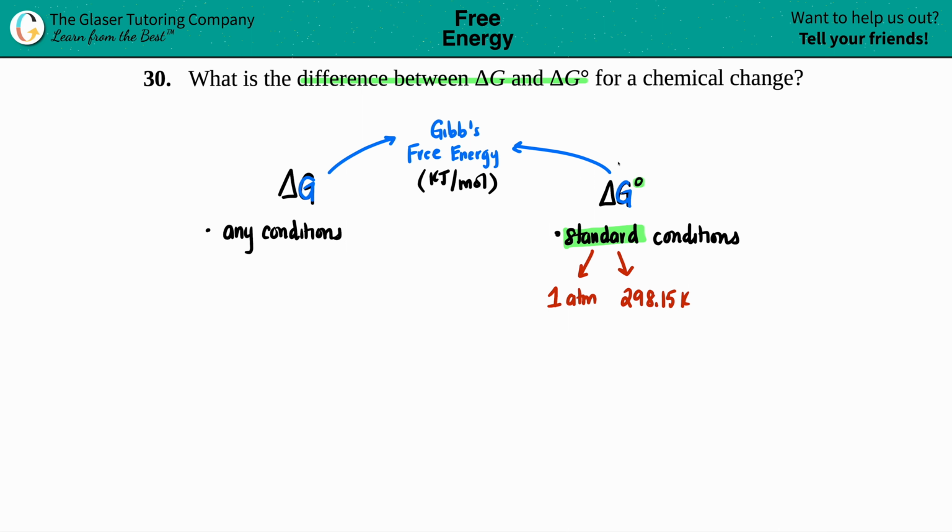If you're using the notch values, these are textbook values. This has to be the standard condition, 1 atm and 298 Kelvin. If you're just doing delta G values, it could be any conditions, any pressure and any temp. So pressure and temp can change.